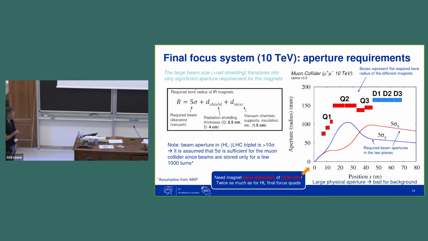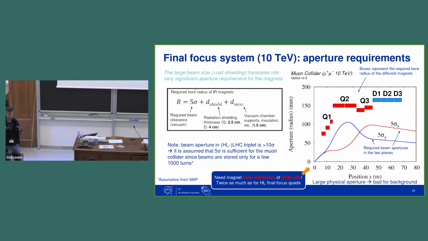You can see in the Q1, where the beam size is still a bit smaller, the pore radius is of the order of 7 to 10 centimeters. But then in the other magnets here, we have a pore radius of 15 centimeters. So just to say, the pore diameters are of the order of 30 centimeters, you have to imagine how big that is. And this is twice as much as for the high luminosity LHC final focus quadrupoles.